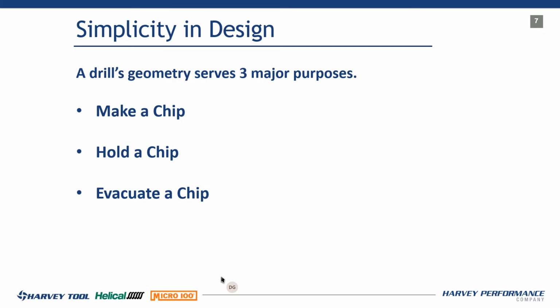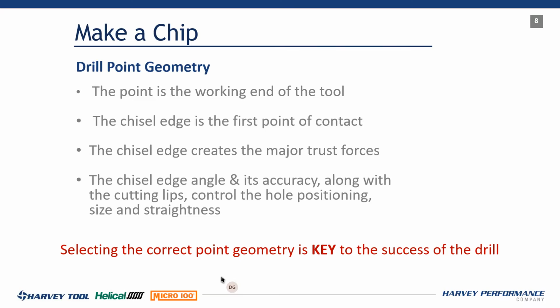So first let's talk about actually making the chip and what that looks like. The drill's point geometry is very critical. It's very important to making sure that the chip that is formed is adequate for the material you're cutting.